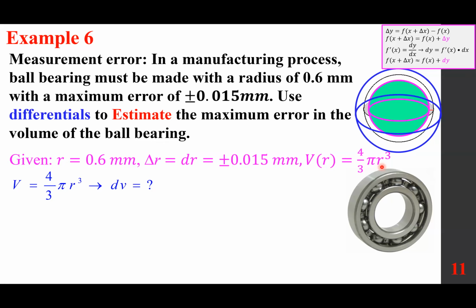First, we are going to find dV dr or V prime of R. To do that, this is just a number, we keep it. So dV dr or V prime of R. Now R cubed, as you know, becomes 3R squared.